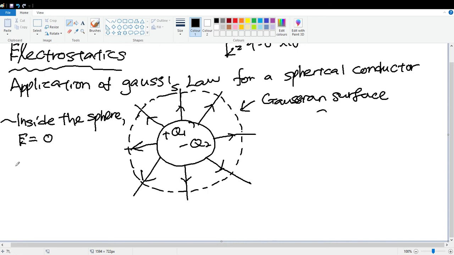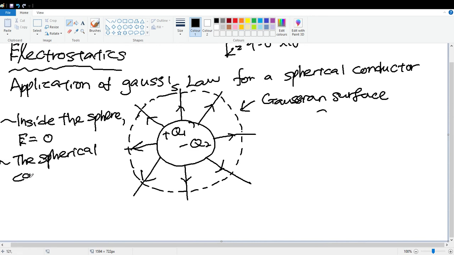So why is this so? This is because the spherical conductor, let me just write it down. Once I have done writing, I'll explain later.